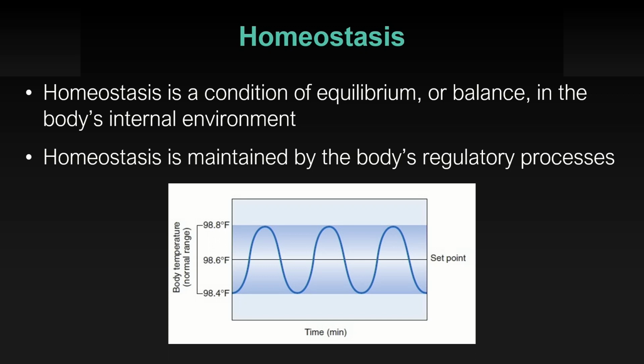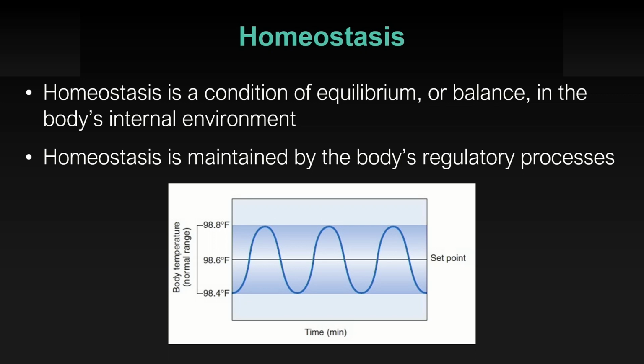I want my body temperature to be 37 degrees. But in reality, we have these goals. We never spend too much time at that ideal set point. We always vary away from, back towards, above, below our ideal set point.